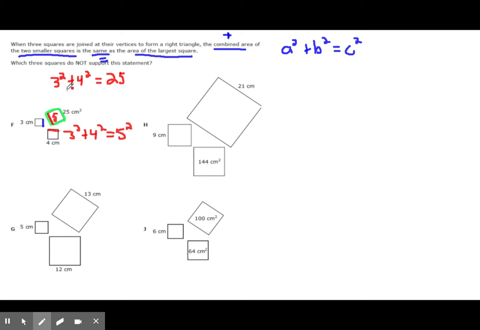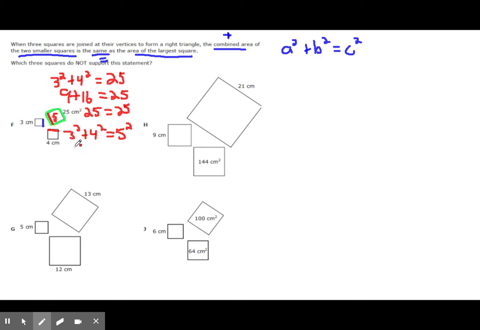3 squared I know is 9, 3 times 3 is 9, 4 squared, 4 times 4 is 16, equals 25. If I add 9 plus 16, I get 25, which is in fact equal to 25. All right, let's see if we get the same thing here.